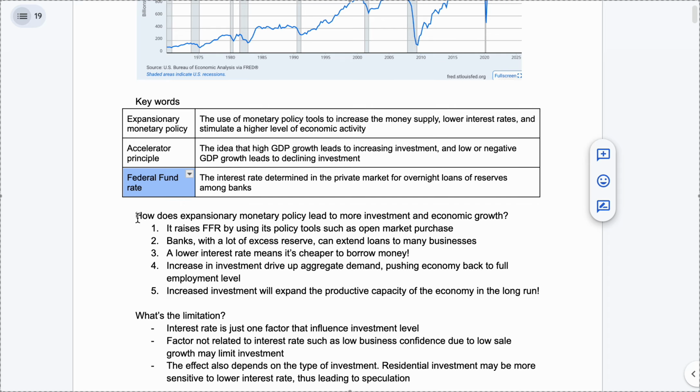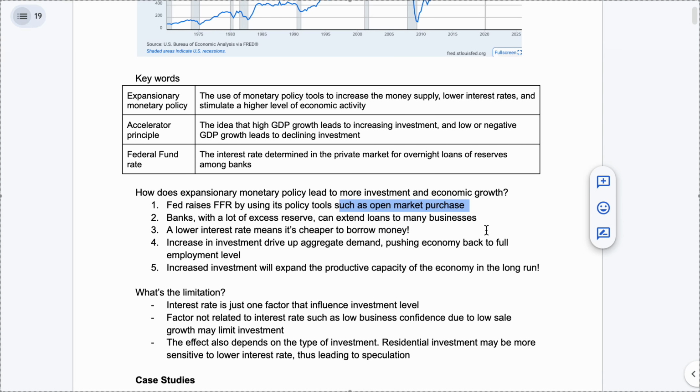So how does expansionary monetary policy lead to more investment and economic growth? Let me explain that. We know that the Fed lowers the federal funds rate by using its policy tools such as open market purchases. That's the main thing they use to implement an expansionary monetary policy. They buy a bunch of bonds that commercial banks hold. And when they buy them, of course, they pay for them. The Federal Reserve, the central bank, can create money.